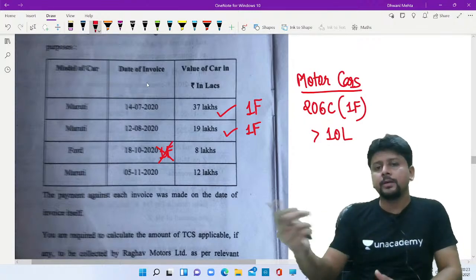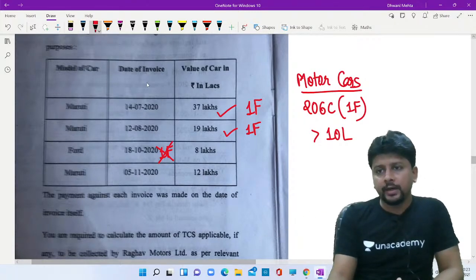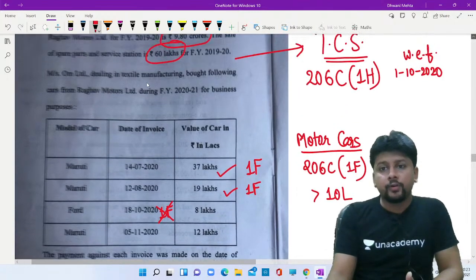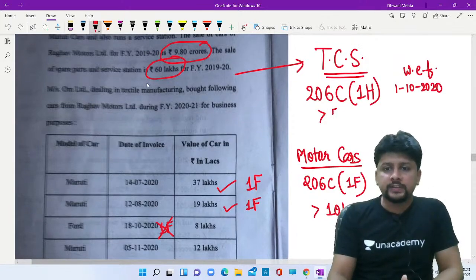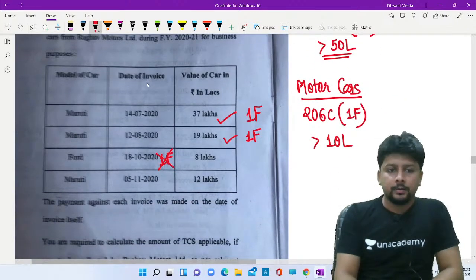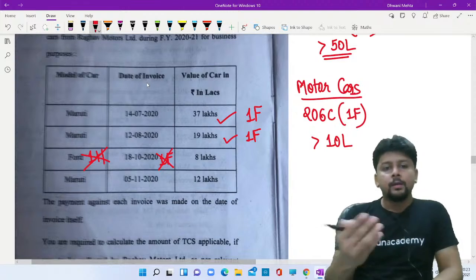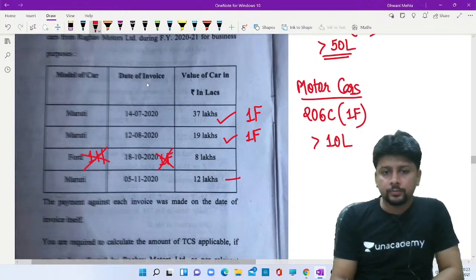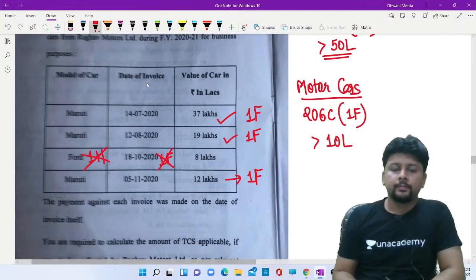Now the question will be that if 1F is not attracted, 1H can get covered. But for 1H to apply, your sale value should exceed 50 lakh rupees. So this is a situation where even 1H is not attracted. 5th of November, 12 lakh rupees. So again, when you say 12 lakh rupees sale of motor car, 1F gets attracted.